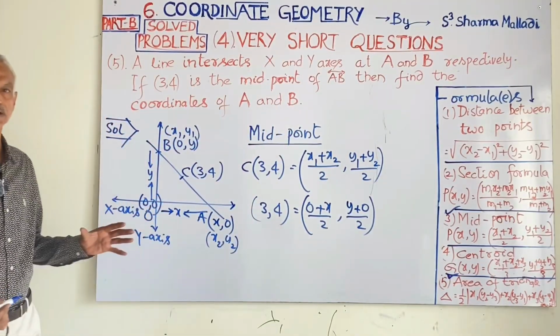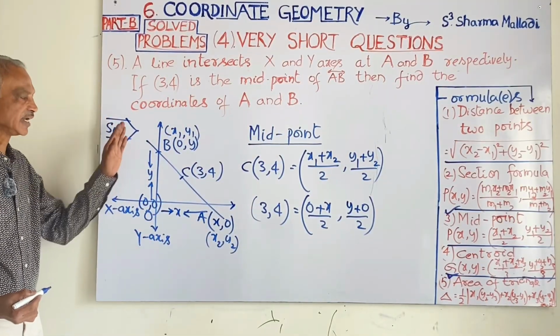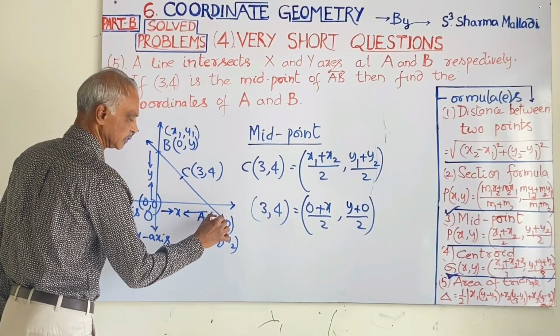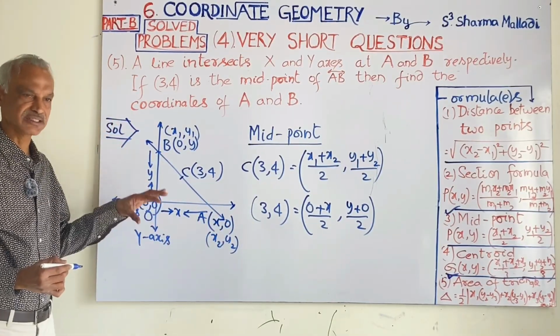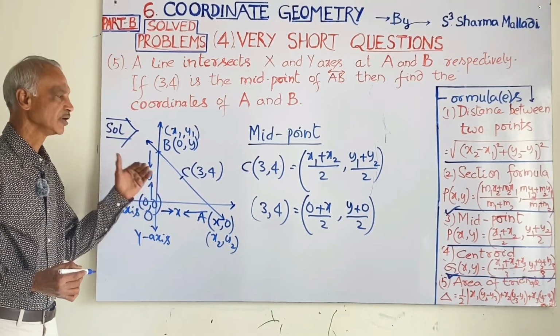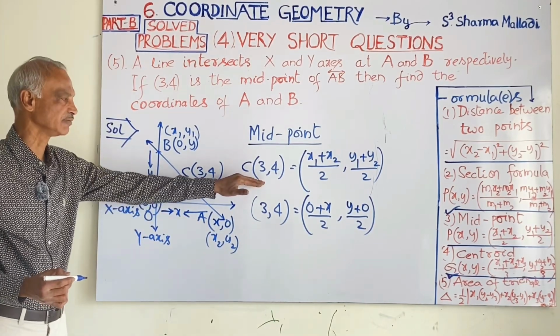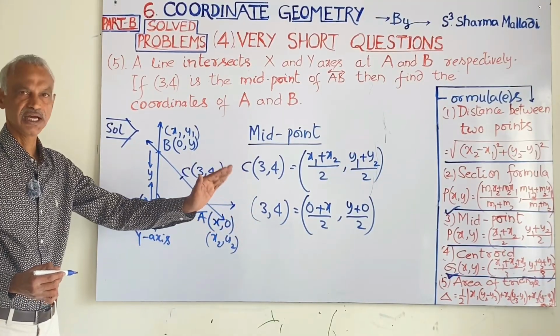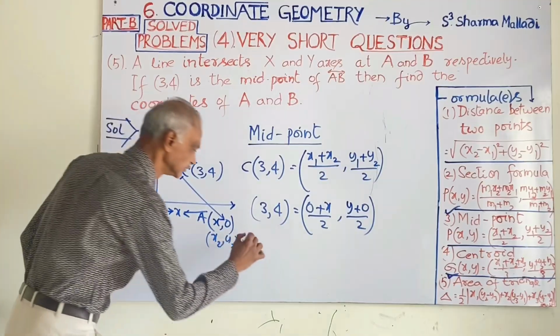First you should understand the problem. A line means this line AB, the line intersects x and y axis at A and B. He has given the midpoint. You have to write the formula. Midpoint he has given, and midpoint (3, 4) is equal to (0 plus x by 2, y plus 0 by 2).